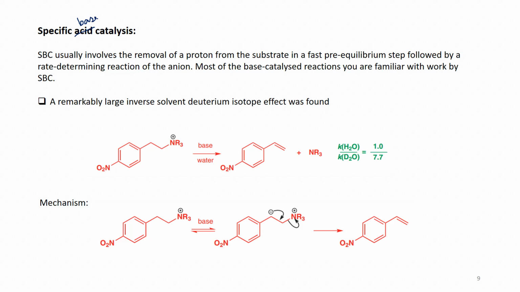A remarkably large inverse kinetic isotope effect is seen in this type of catalysis. So just remember, for specific acid and base both, you will see an inverse kinetic isotope effect.